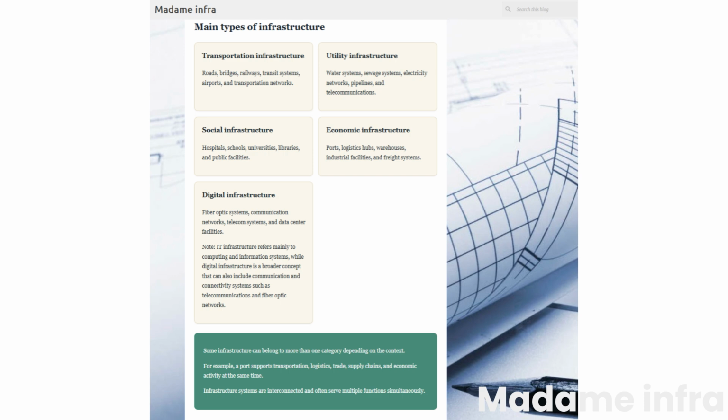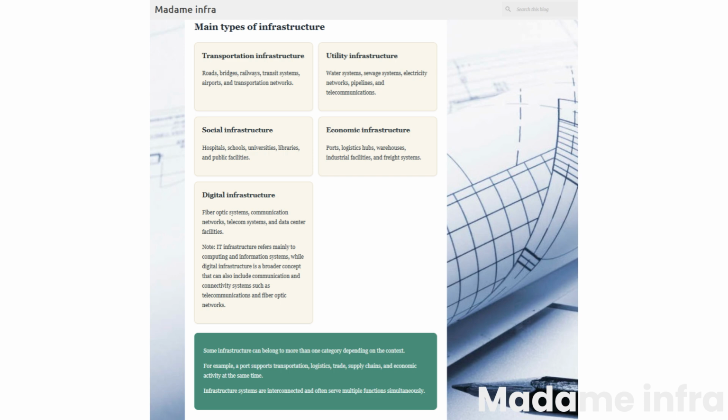Main types of infrastructure: transportation infrastructure, roads, bridges, railways, transit systems, airports, and transportation networks. Utility infrastructure: water systems, sewage systems, electricity networks, pipelines, and telecommunications. Social infrastructure: hospitals, schools, universities, libraries, and public facilities.